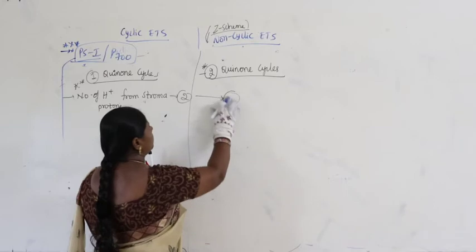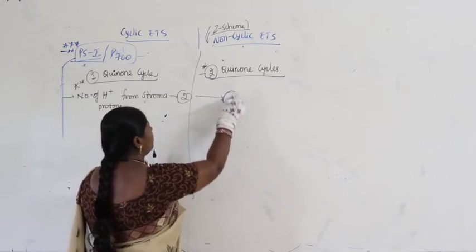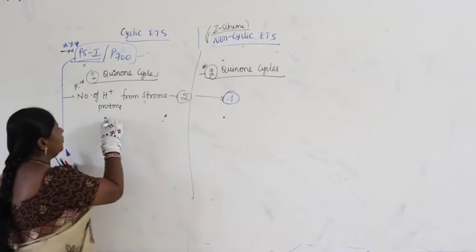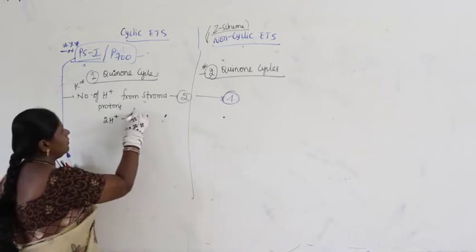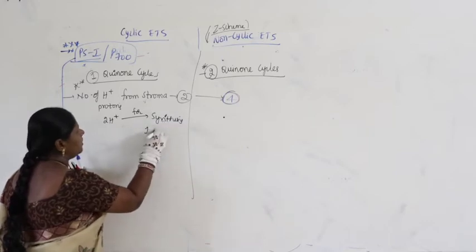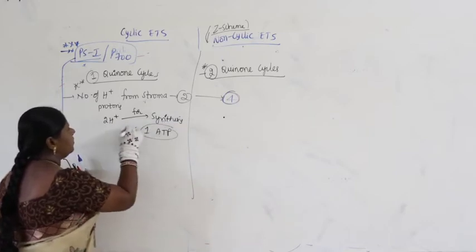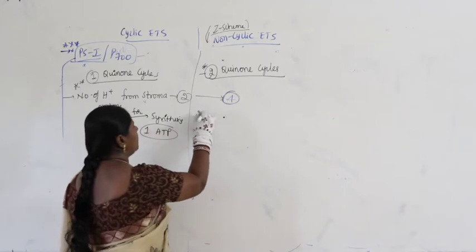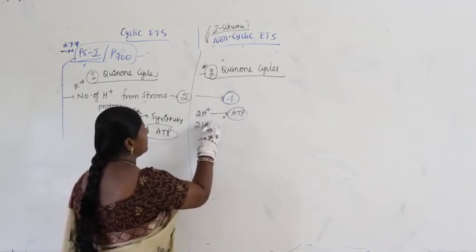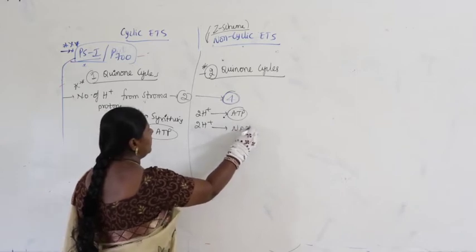This is 4. Why? Because 4 here, because these two protons are for synthesis of 1 ATP, but here 2 protons are utilized for ATP and 2 protons are being utilized for NADPH.